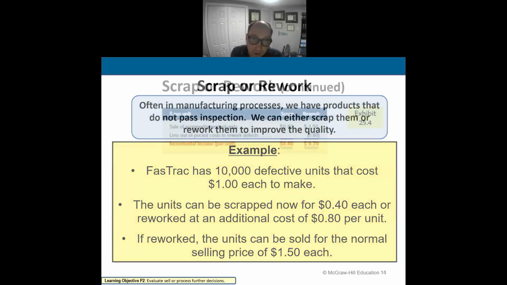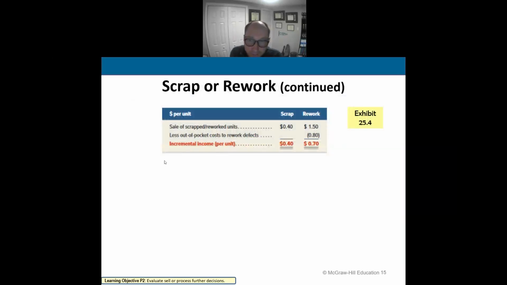So let's take a look. I can either scrap the defective wiper blades, per unit, it's 40 cents. Or I can rework the wiper blades. It'll cost me an additional 80 cents out of my pocket to get them fixed up, to resell them. I can resell them at the original price of $1.50. Cost me an additional 80 cents.